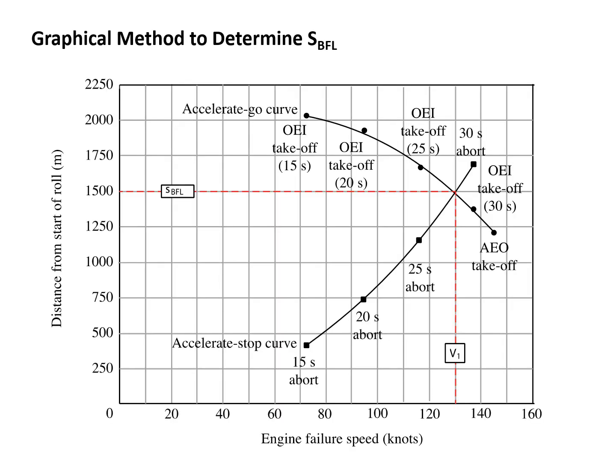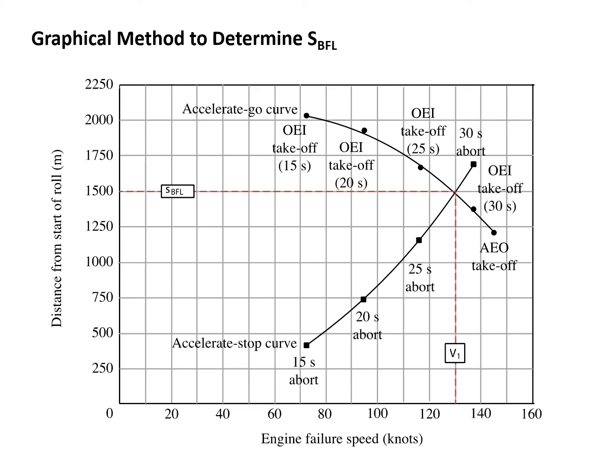And this is a similar curve to what we saw at the beginning of this section. Again, we have two curves, and we can see the decision speed and the field length. This is a graphical method to determine the balanced field length. With one engine inoperative, we can test the aircraft at different speeds to accelerate and then fully stop.